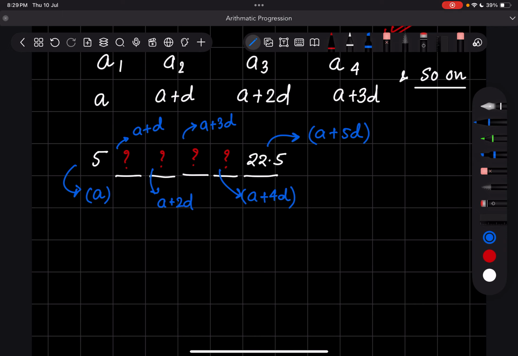Now what you can do, you can simply use these two values to produce an equation. Our first equation is a is equal to 5, and our second equation is a plus 5d is equal to 22.5.